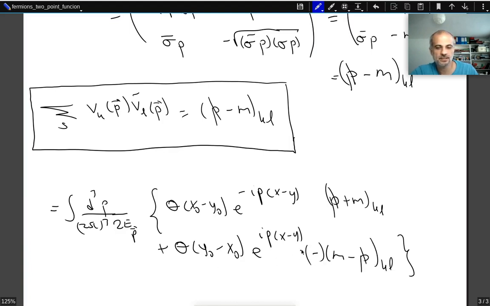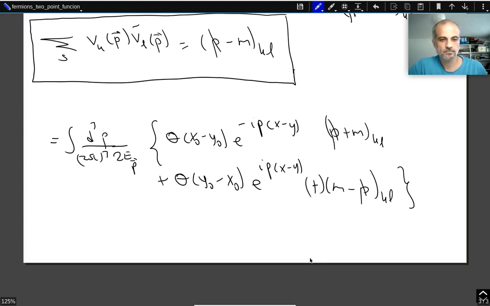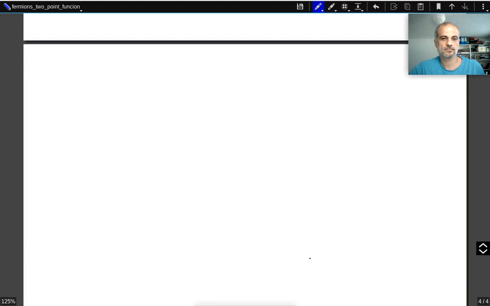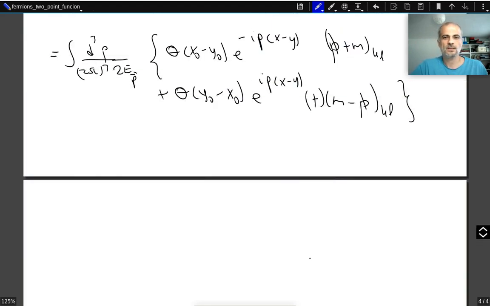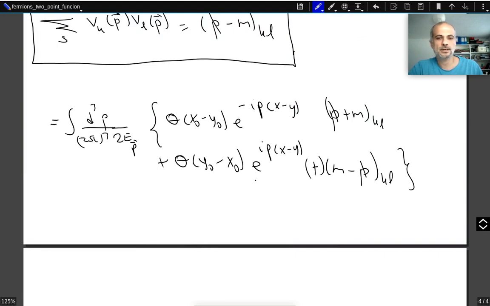So these minus signs, they cancel. Now to continue with the computation, I will try to simplify this expression slightly. So first, in the second term, let me just set p goes to minus p.